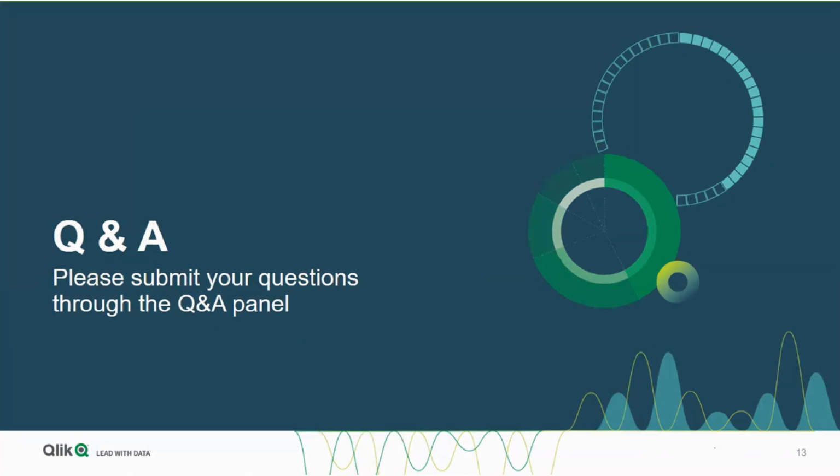Aside from having questions about images, we do have other general questions that have to do with NPrinting. So one of the questions is, how do I distribute a report to many recipients filtered for each recipient?